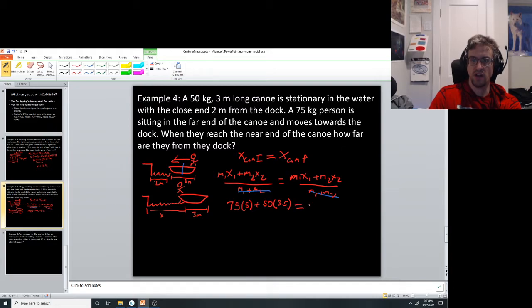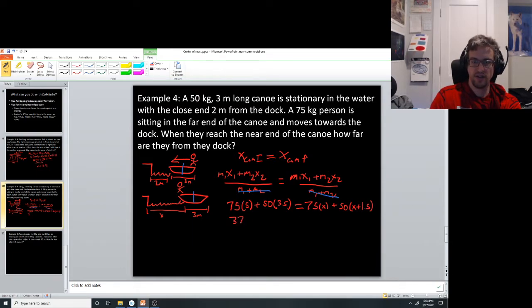That's equal to, on the other side, the person is now X from the dock, and the canoe is X plus 1.5. So we've got 50 times X plus 1.5.